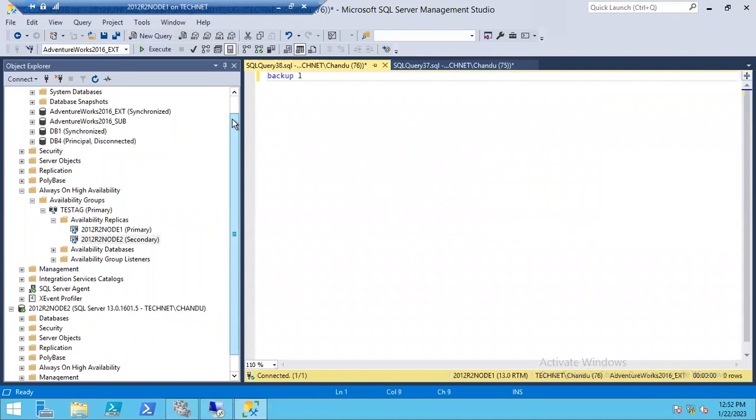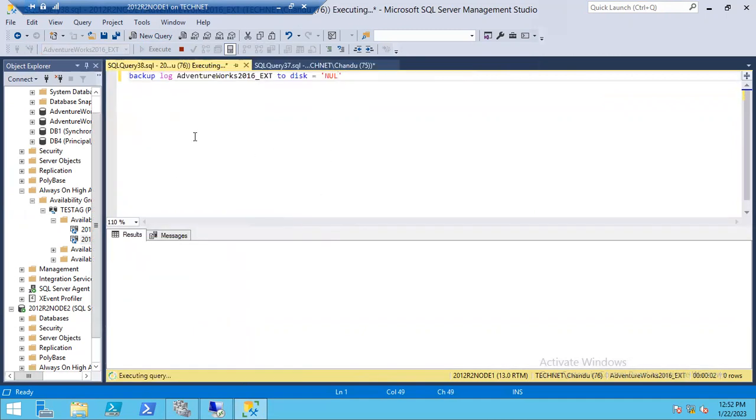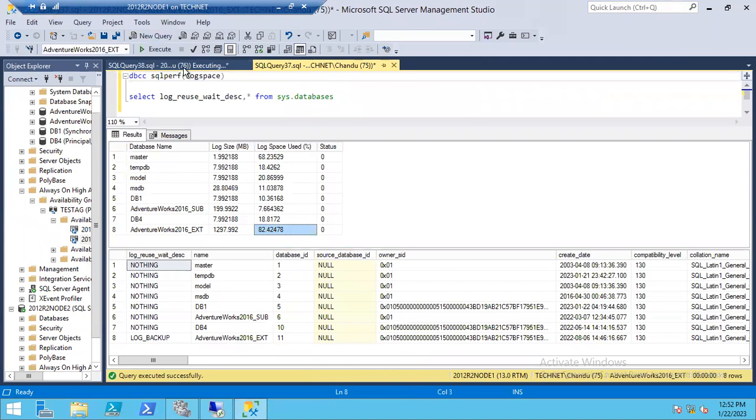Okay, backup log to disk equal to whatever backup. I don't need any. Okay, I have taken a log backup to a null device. And if I execute, the value should be reduced, like 82%.